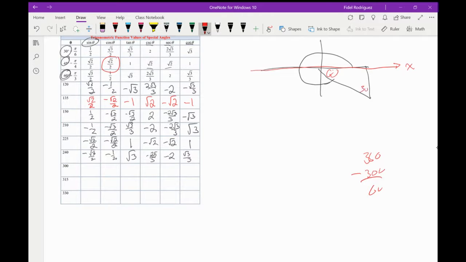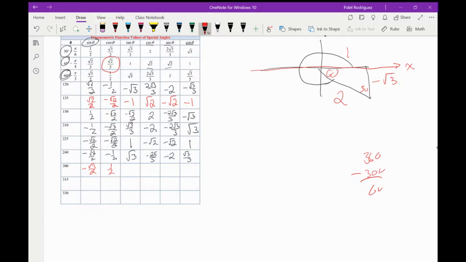That's 60, that's 30, so this is a positive 1, that's a negative square root of 3, and that's a 2, okay? So we're looking at 60 degrees. Here is the sine of 60 degrees, so it should be a negative square root of 3 over 2. Okay. Cosine should be 1/2, right? Because it's the adjacent over the hypotenuse.